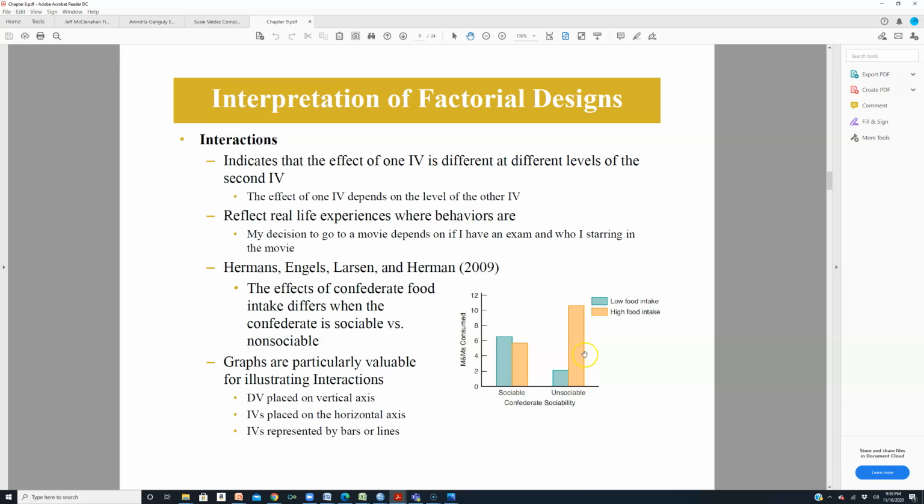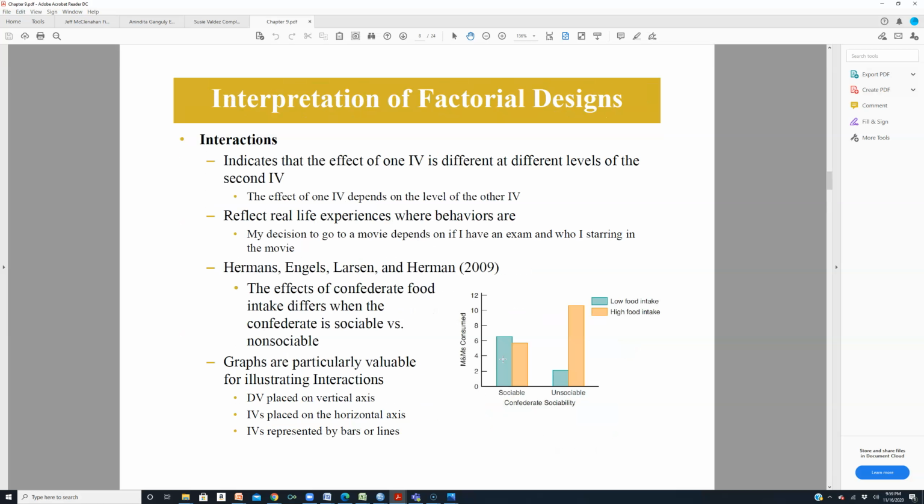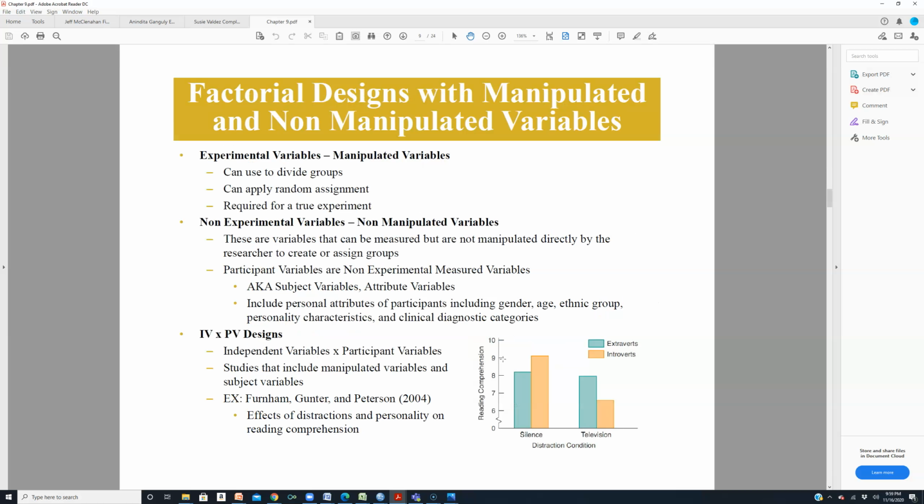If they were eating a lot and unsociable, then I ate more. But if they weren't eating a lot and they were unsociable, I didn't eat more, right? So that's looking at an interactive effect, where the effect of one IV depends on the condition of the other. So their sociability affected me for the high food intake, but not for low food intake, okay?